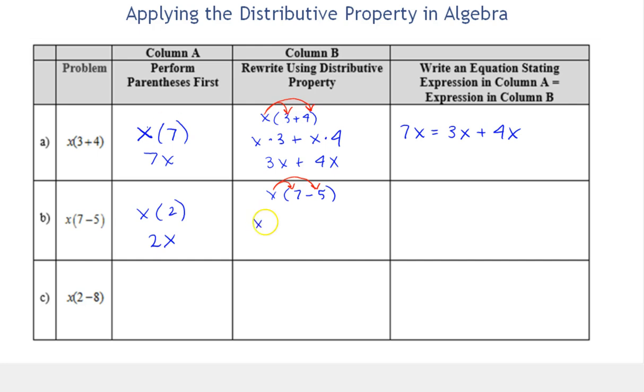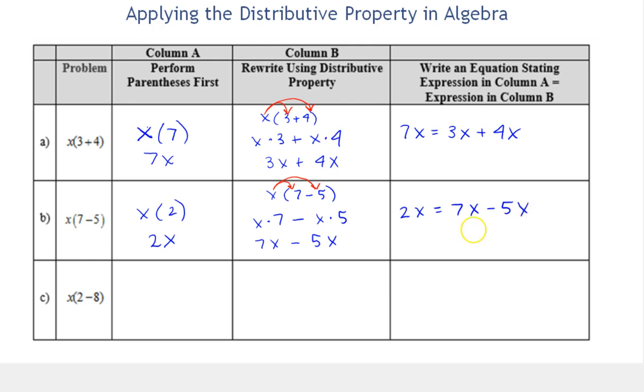So this is x times 7 minus x times 5. And again, we'd write this as 7x minus 5x. Now we'll write an equation equating these two columns, and we have 2x equals 7x minus 5x.